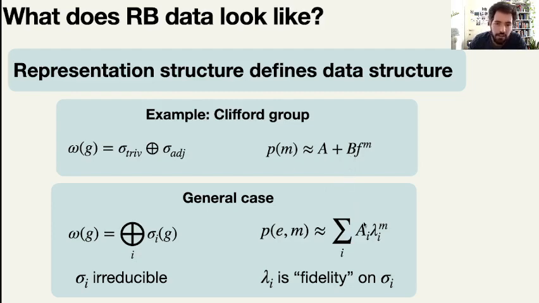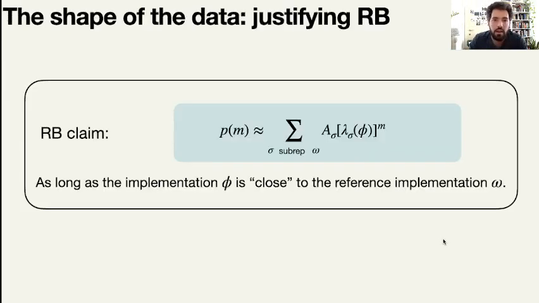It looks like a linear combination of exponential decays that correspond exactly to all of these irreducible representations. So you get this under reasonable assumptions, hopefully, where you can think of lambda I as the fidelity with respect to this particular subspace, and there's always some weighted average of these lambdas that allows you to recover the standard average fidelity. So that's the general truism.